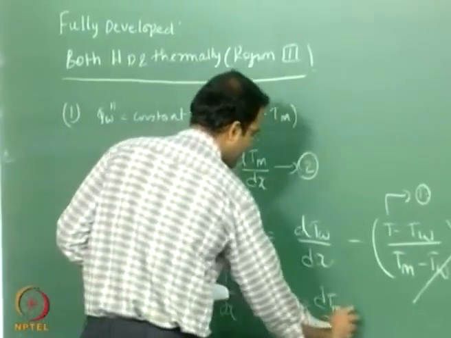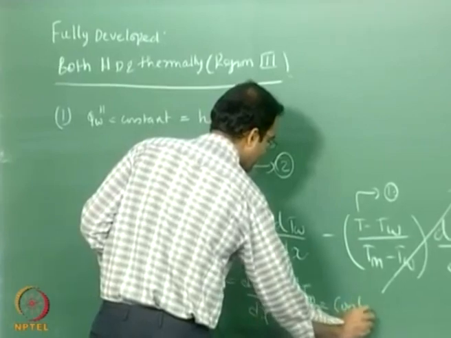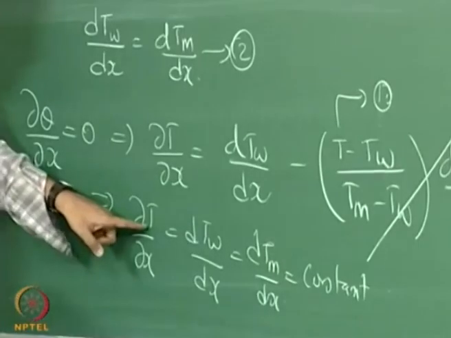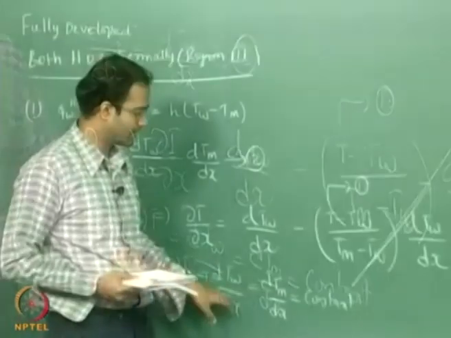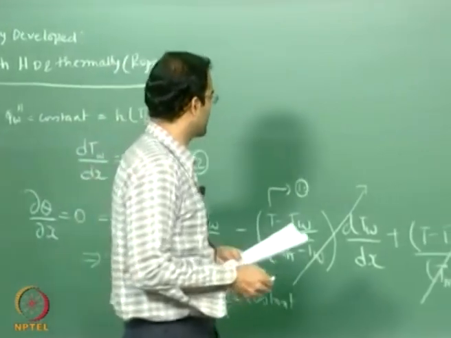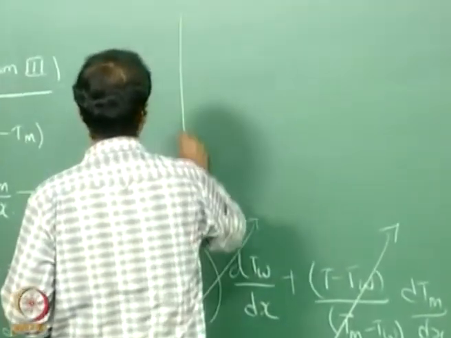And we have seen that this can be possible only if these are equal to a constant, because this is a function of both r and x, but these are only a function of x. So the slopes can be the same only if this is equal to a constant.